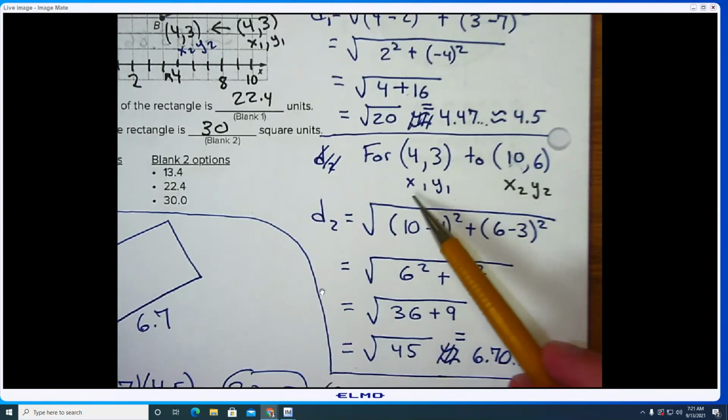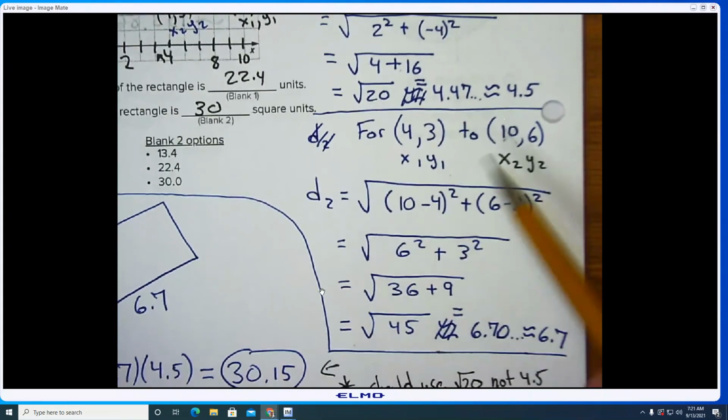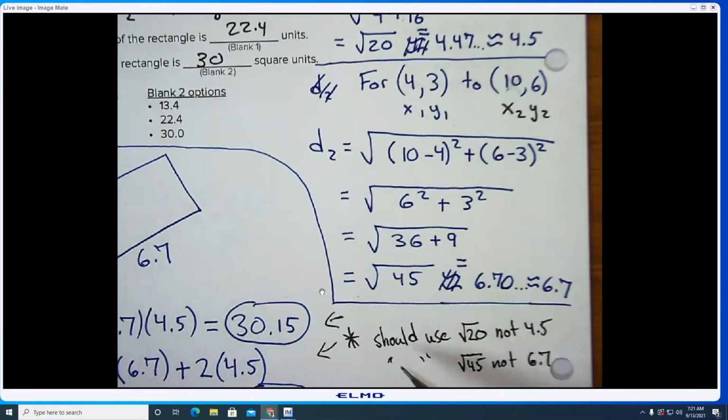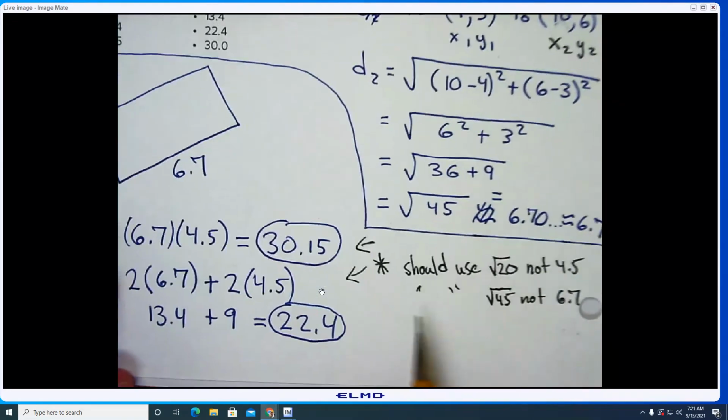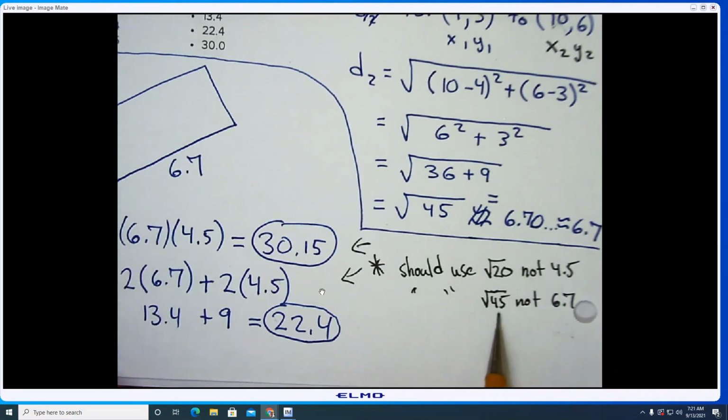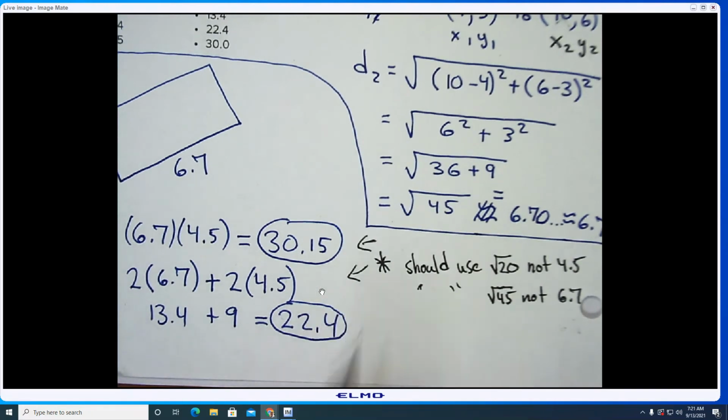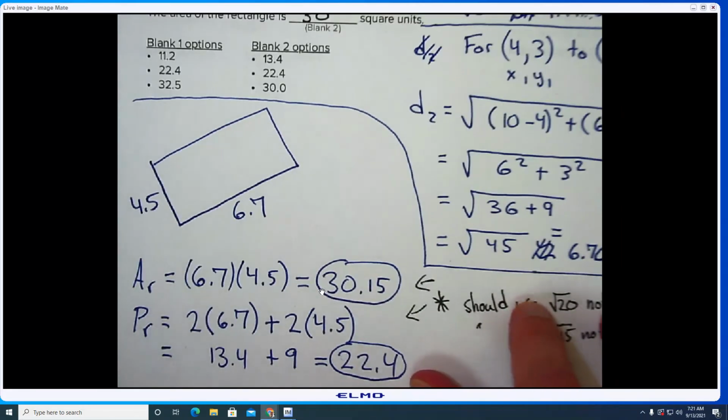Next one, do the same thing for D2. Plug those in. I got square root of 45. Here's our infinite decimal and our approximation to the tenths again. Once again, I should have used square root of 20 and square root of 45 here when doing the math. Let's see. Might as well just take care of it so we can see how it actually matches.